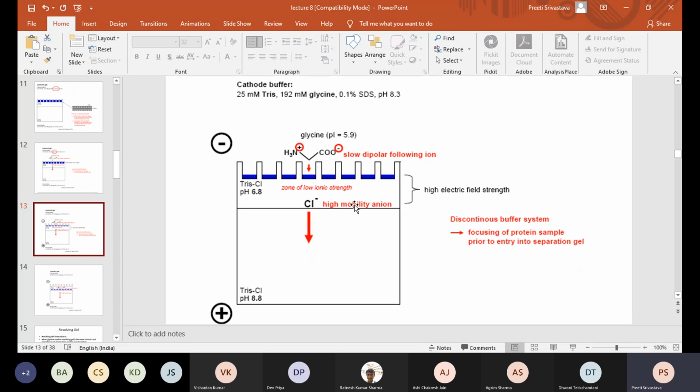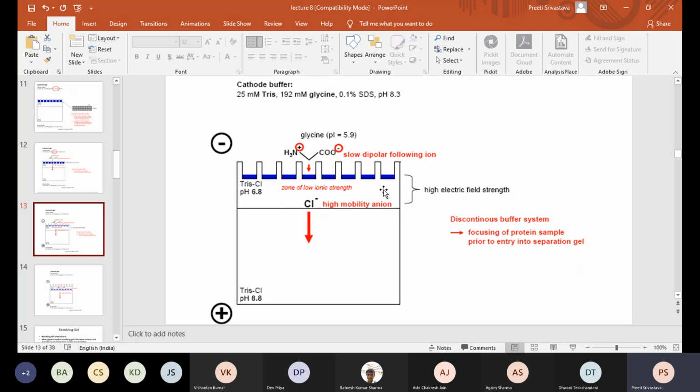Chloride ion is the high mobility ion and glycinate ion is slowed down because of the pI, and because of the pH it becomes partly zwitterionic, and therefore its migration gets really slowed down.